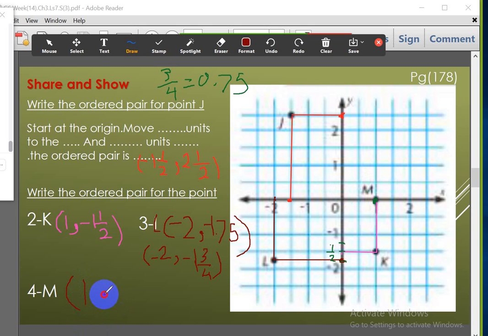What about the y? Who will tell me? Who will tell me the y is what? I want the y coordinate. M is on the x-axis. The y will be what? Very good, Jana.